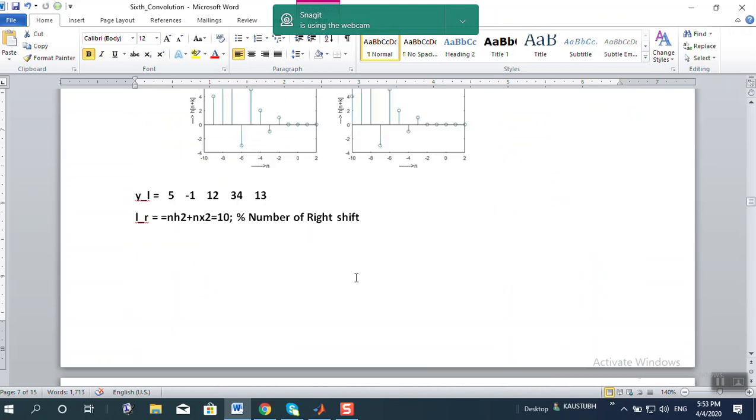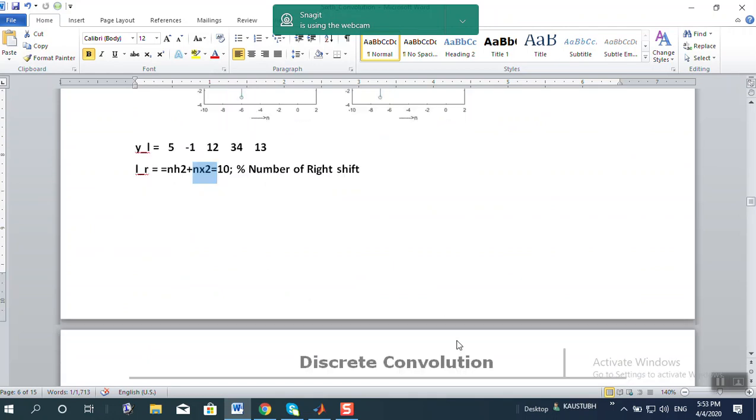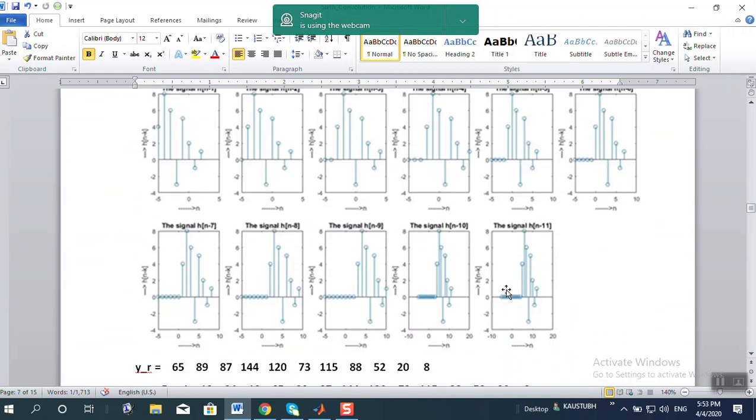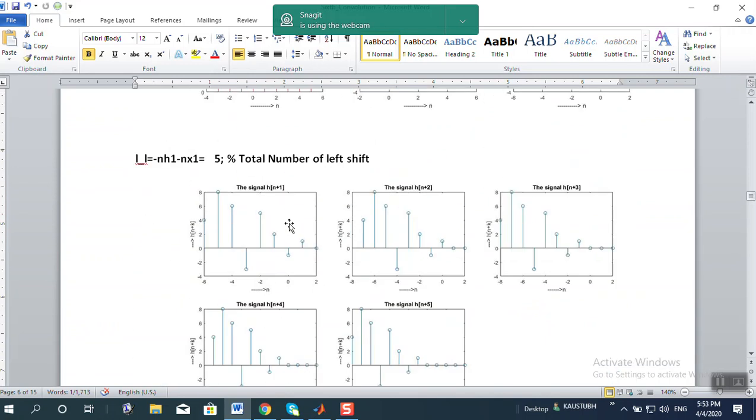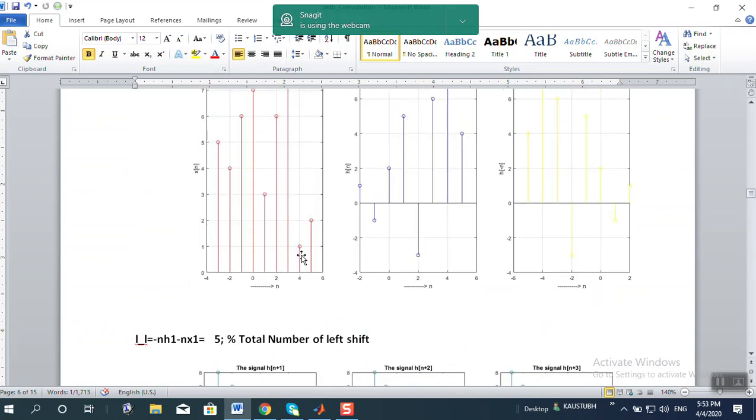How it is 10, and h2 plus nx2, which is 10. As you can see here, if you shift further, there are no values of x that overlap.